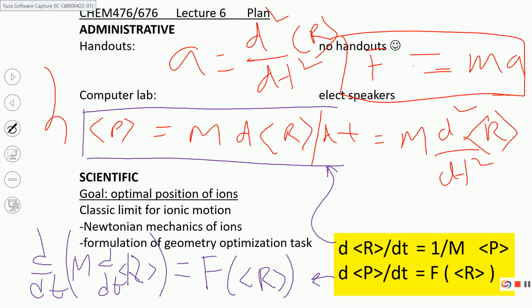But we can tell that approximately it will be in the center of this distribution, or the expectation value, the average where we will find it. And this average is symbolized by these brackets.